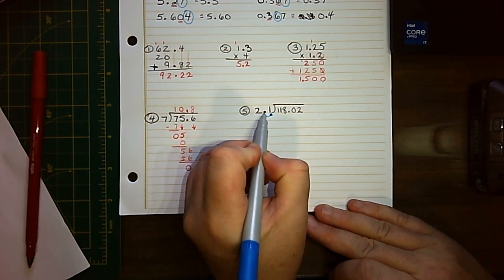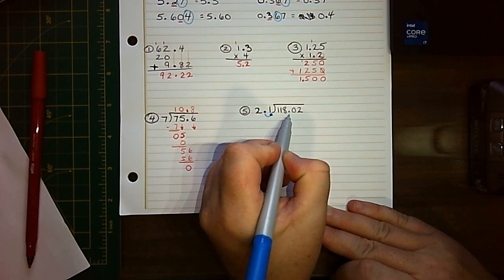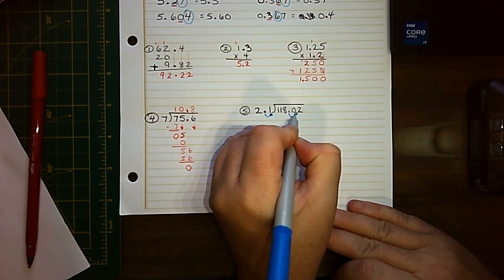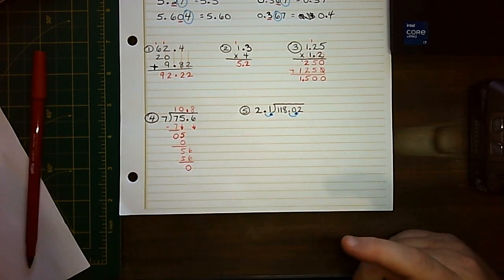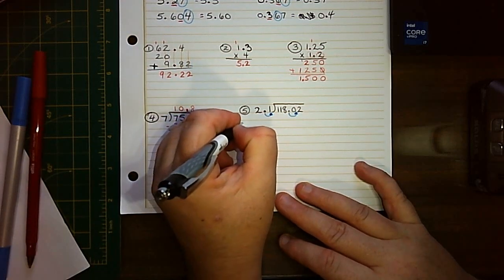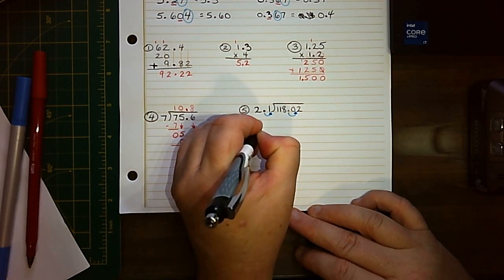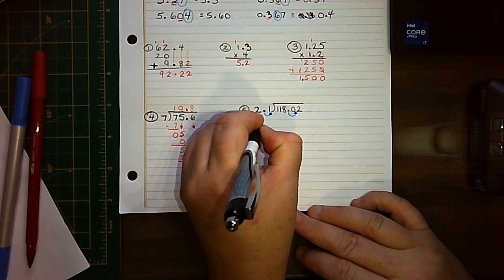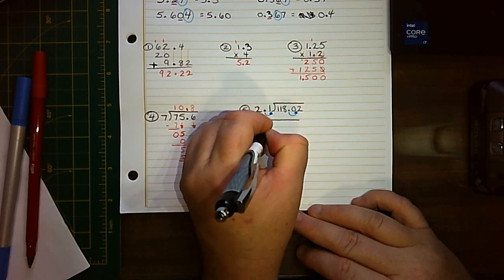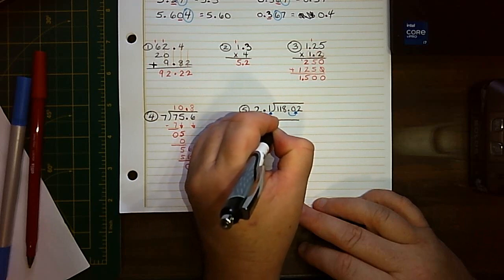Okay, again, however many times it moved over out here, it has to do the same in here. So I'm going to take the decimal and move it over one spot. So I'm going to rewrite that now that we've modified it to 21 divided into 1,180.2.